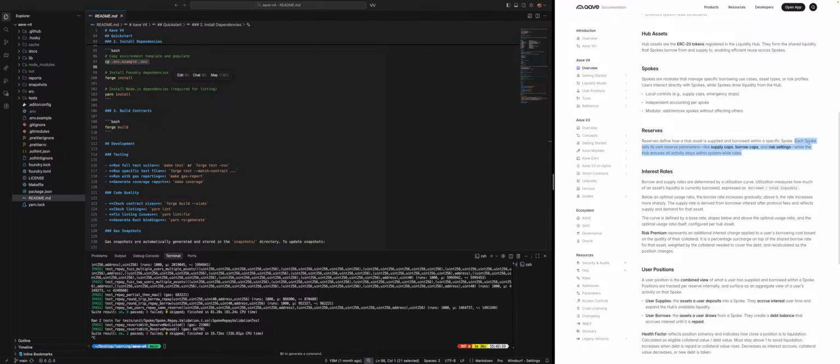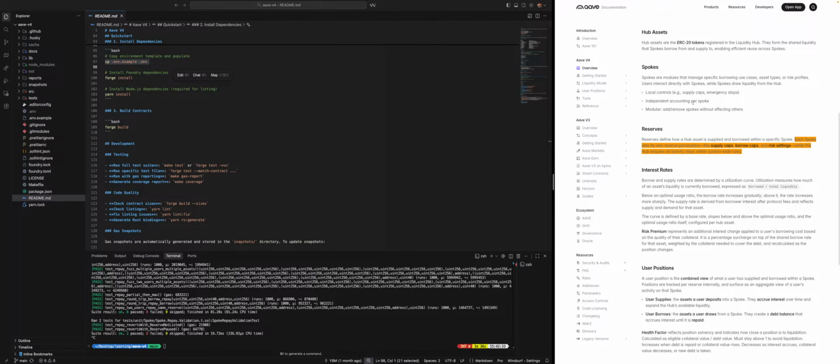And the hub, which is where the liquidity resides, ensures that all liquidity stays within system-wide rules.